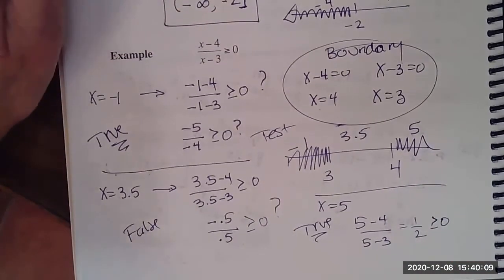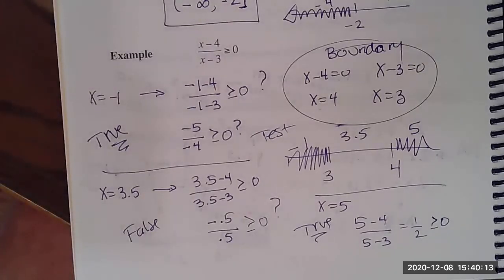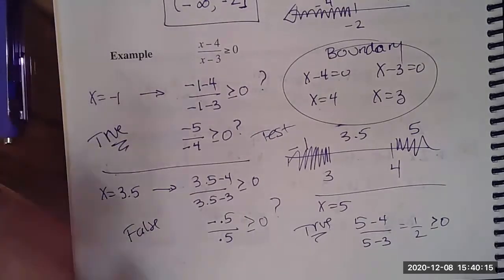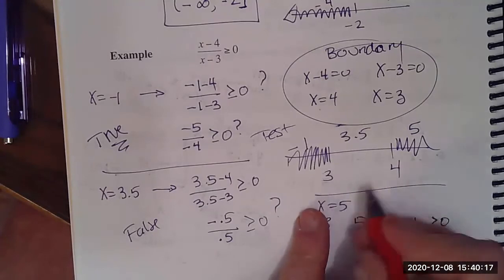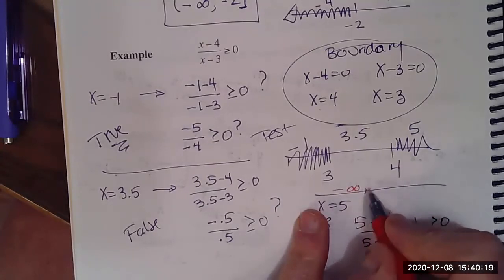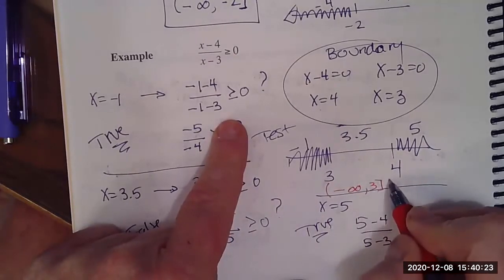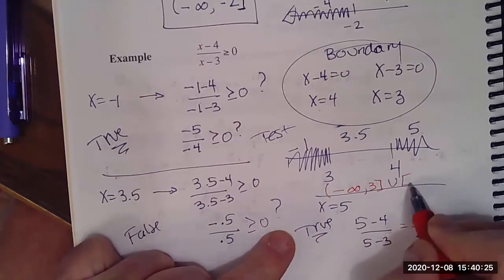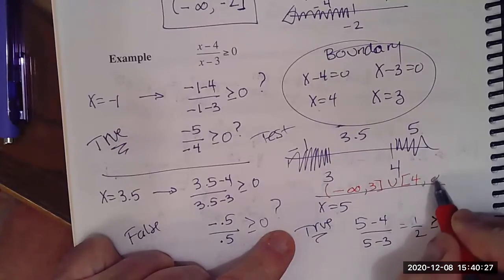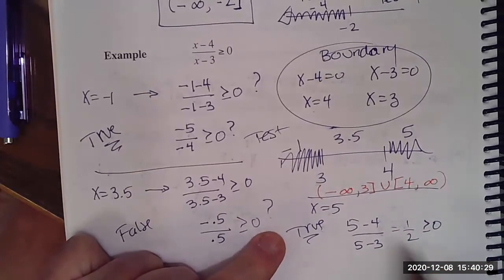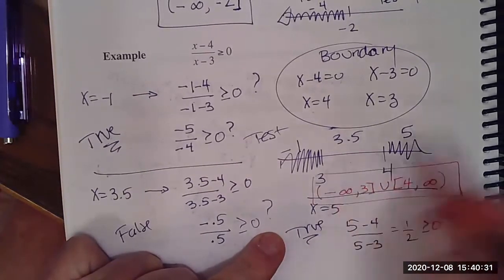And then you do your interval notation, which is where they put the union in there. From -infinity to 3, with a bracket here, and then union, and then bracket. Start up again at 4, and then go to infinity. And this is your solution. Solution region.